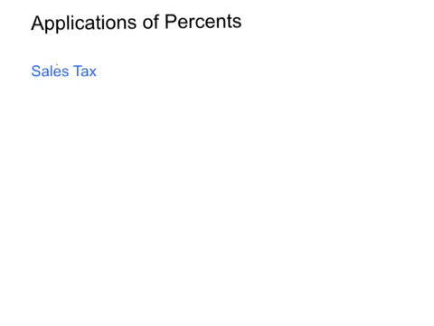This is basically something that the state or a federal government or a certain town, usually the state or the town, will apply. A certain amount of money that the state gets for every dollar that is spent. So for example, here in Connecticut, we have a 6% sales tax.